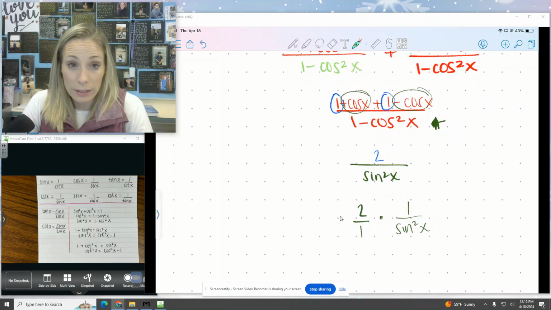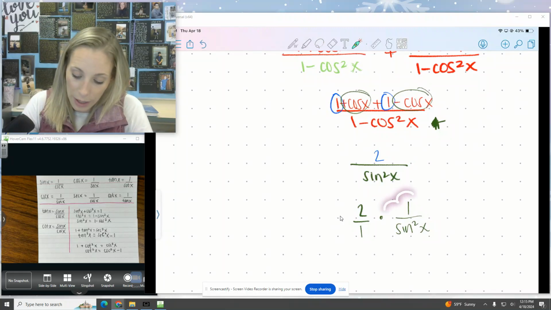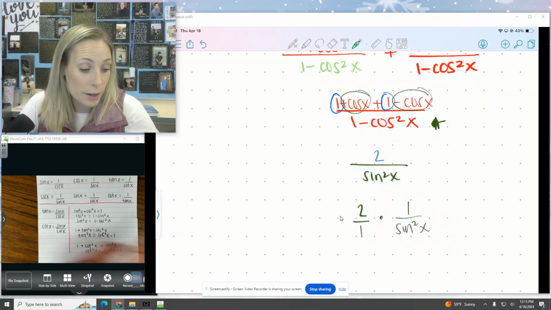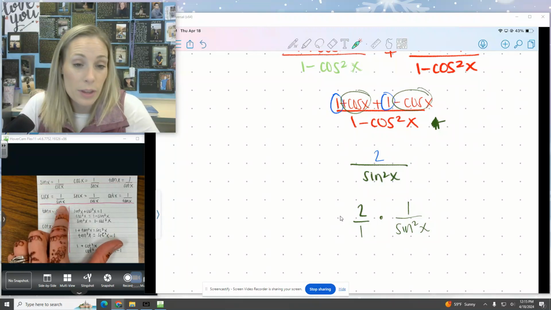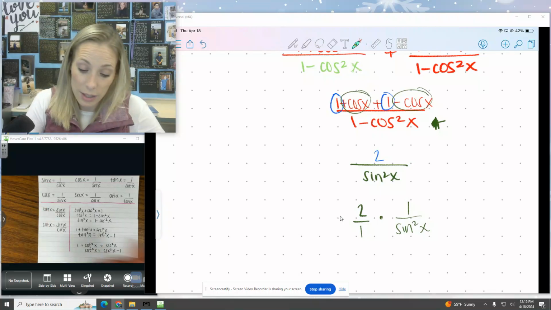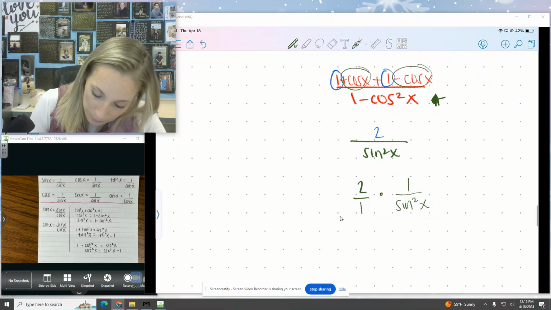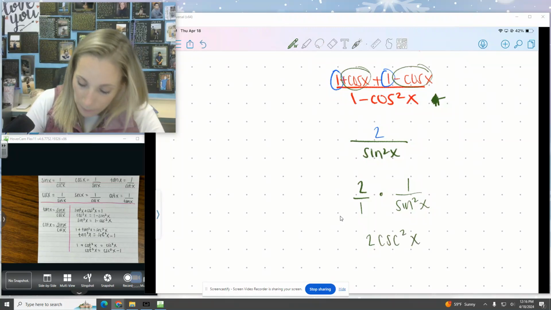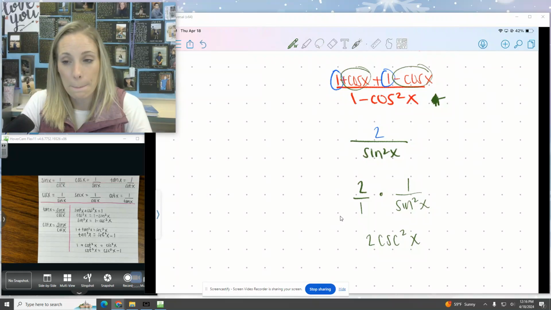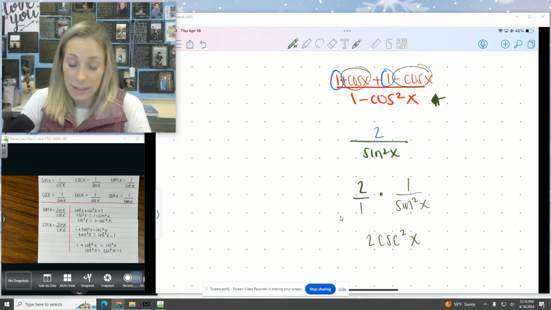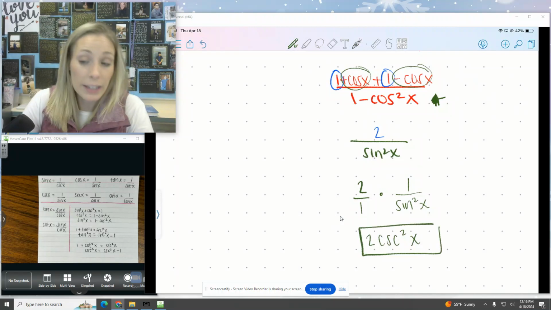I like to write it like this because I think that now it makes it a lot easier to see that 1 over sine squared of x is going to follow this right here. 1 over sine is cosecant, so 1 over sine squared has to be cosecant squared. So the 2 follows us, and we get 2 cosecant squared of x. All right, that's as simple as it gets. Doesn't get any more simple than that.